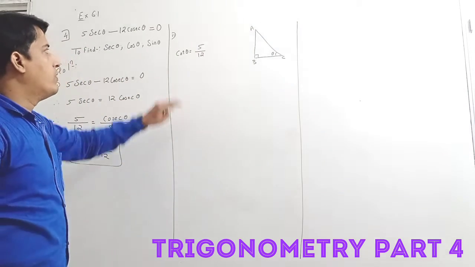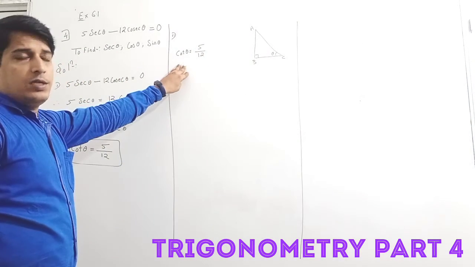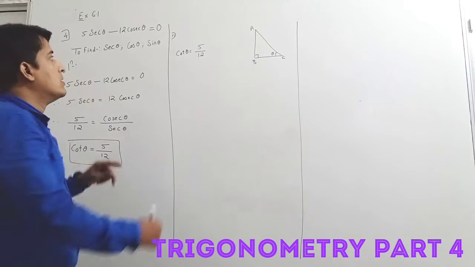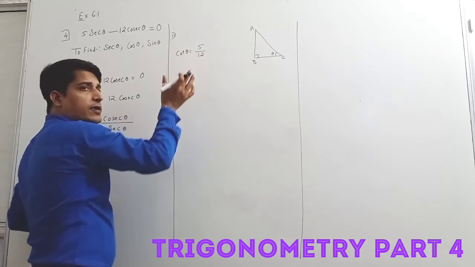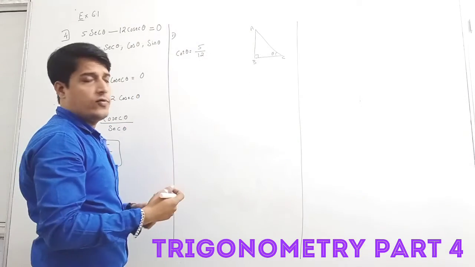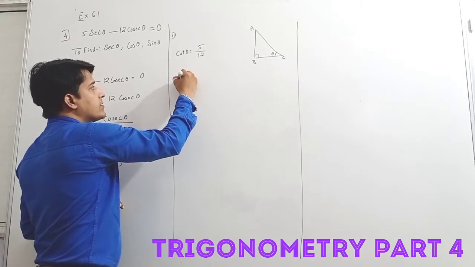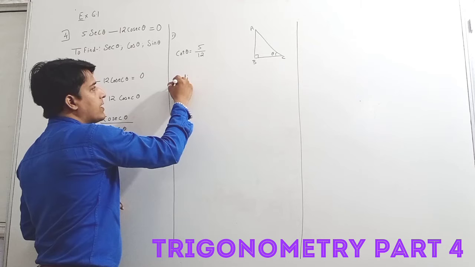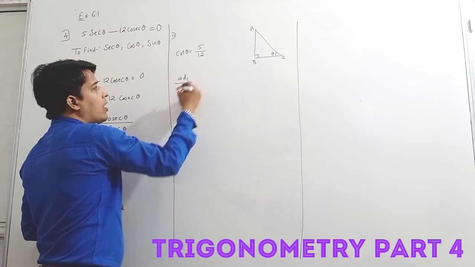But just have a look over here. Initially we have seen that for tan theta the formula is opposite upon adjacent. The cot is the reciprocal of it. We will write it as adjacent side upon opposite side.